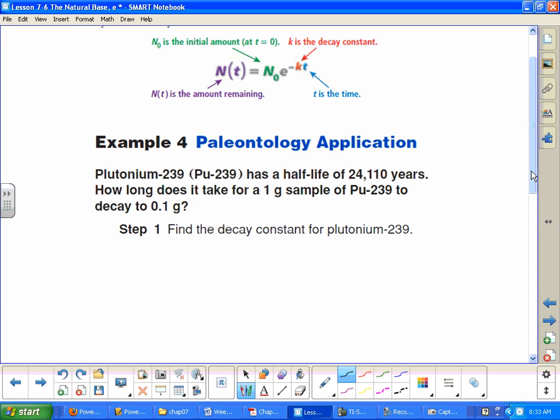So the first thing we've got to do is find the decay constant for plutonium-239. And we know that the half-life is 24,110 years. So what does that tell us? What does half-life mean?